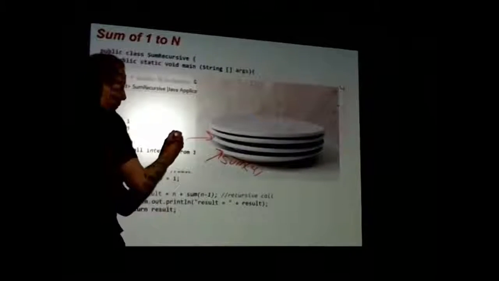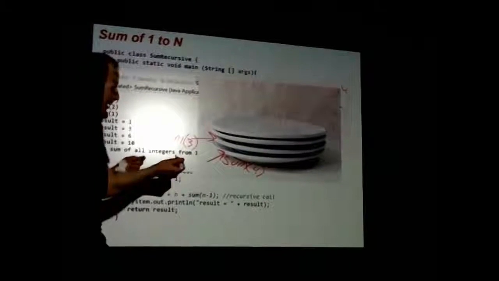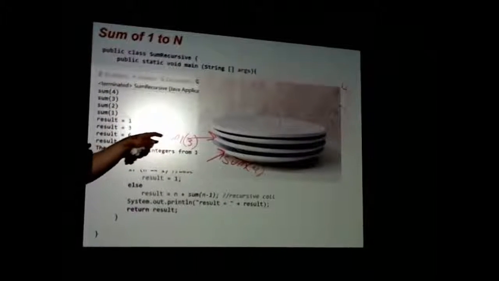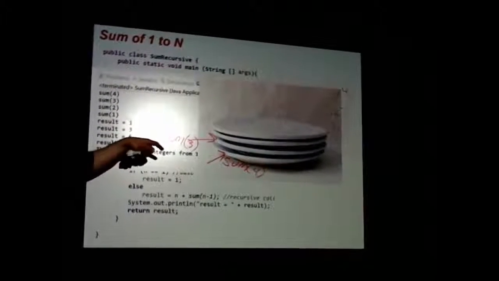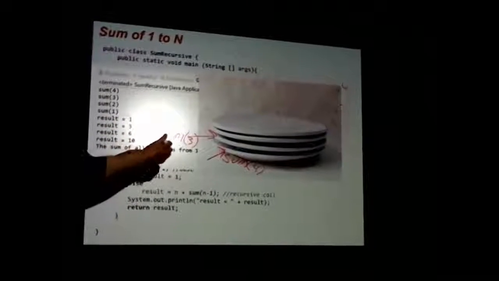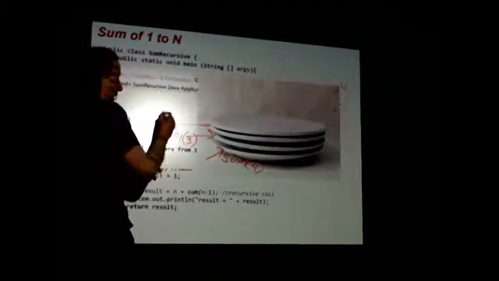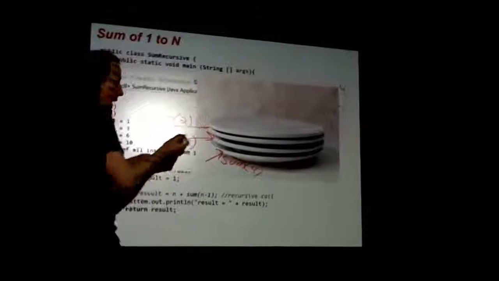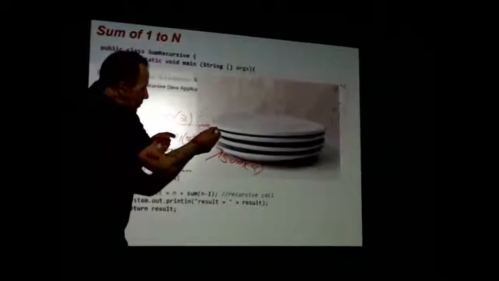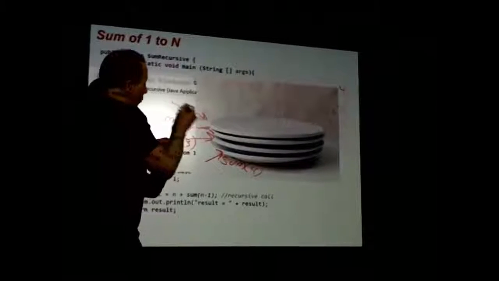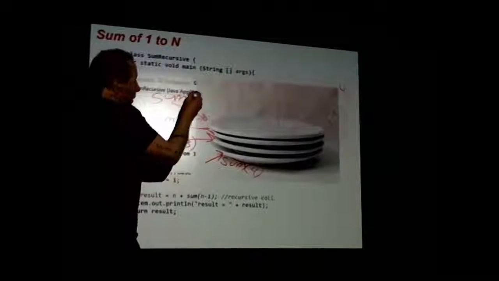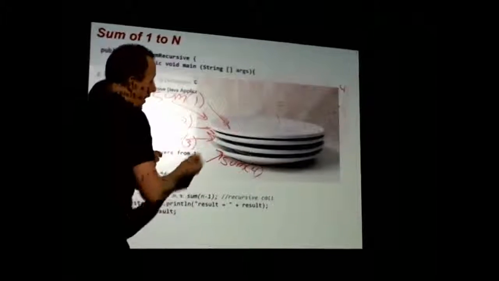Then we have sum of 3 because it calls itself. Now sum of 3 is the next one, but notice that sum of 4 is at the bottom of the stack. Then 3 minus 1 is 2, so this is sum of 2, and then 2 minus 1 is 1, so sum of 1, which is the top.